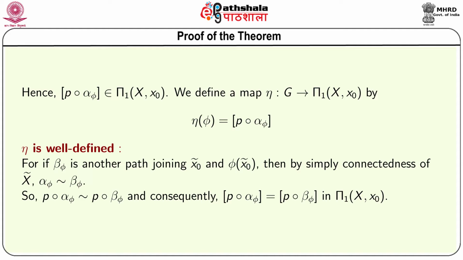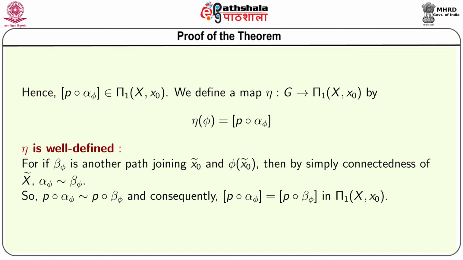So, P composed alpha phi is homotopic to P composed beta phi, and consequently the class of P composed alpha phi is equal to the class of P composed beta phi inside pi 1 of X, x0.